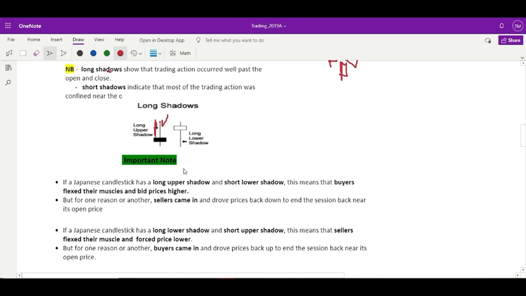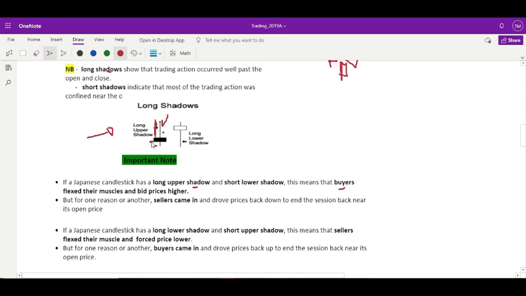So the most important note you need to understand from this is, if a Japanese candlestick has a long upper shadow, as you can see here, and a shorter lower shadow, what does it depict? It shows that the buyers flex their muscles. Let's say this is a green candle, don't mind the colors, and it opened and closed here.